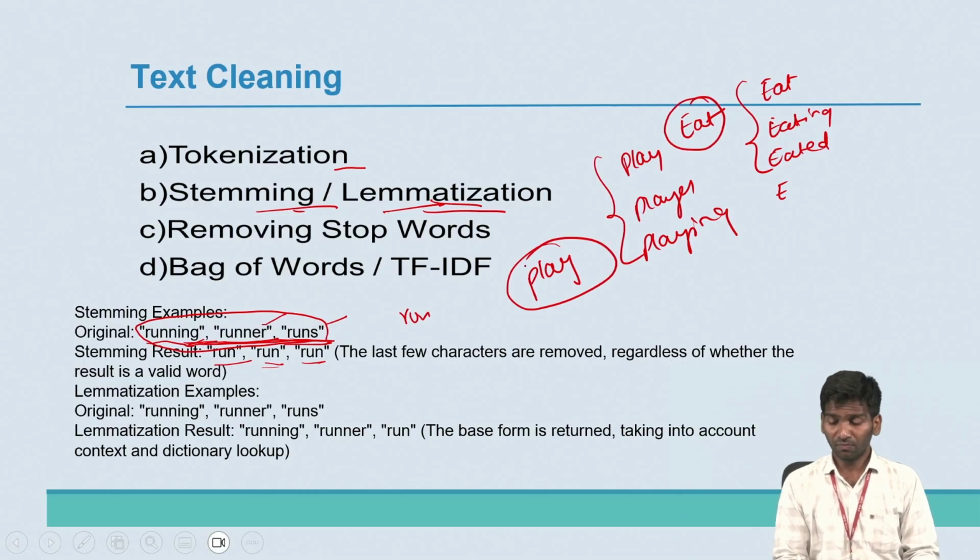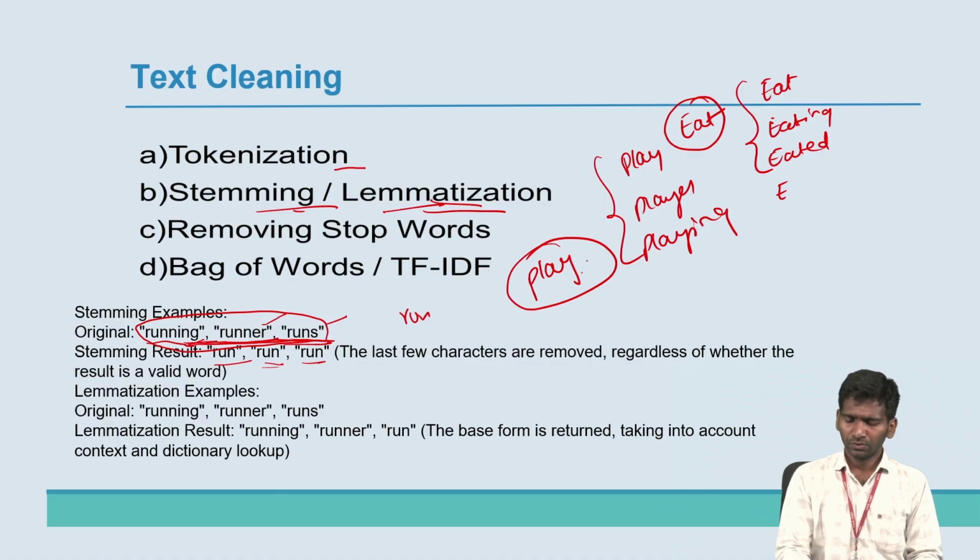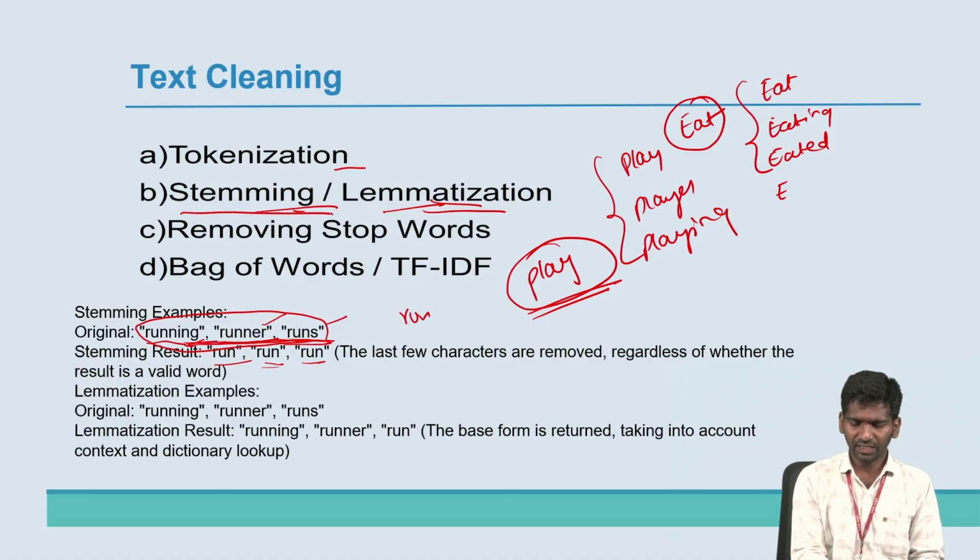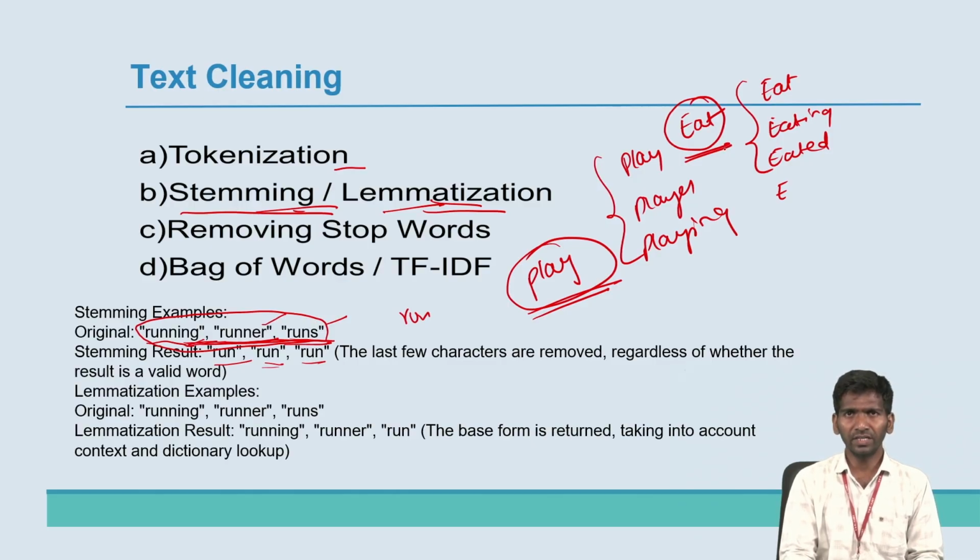So this root comes from the original words. Whether these root words are meaningful or not, we don't know. The stemming technique involves just considering the root word. It doesn't bother whether it is a meaningful dictionary word or not. If we don't have any meaning for that root word, then what is the use?